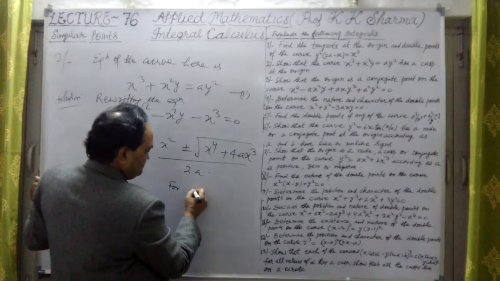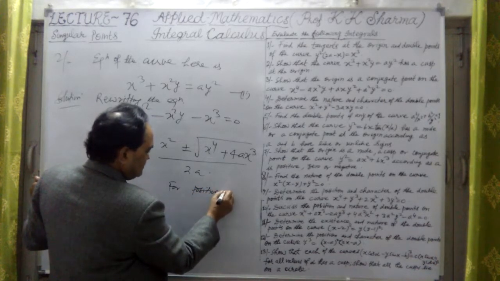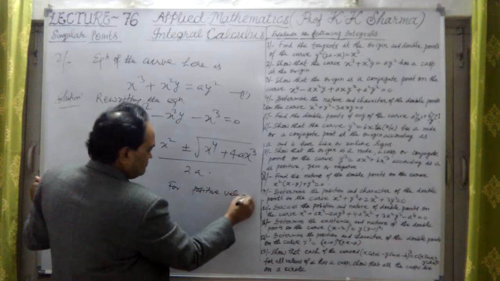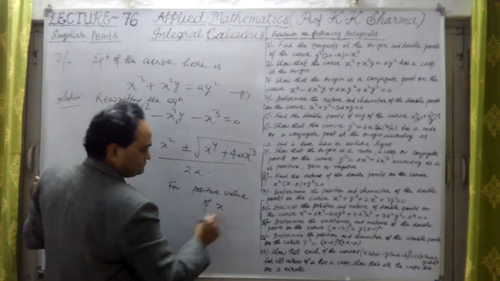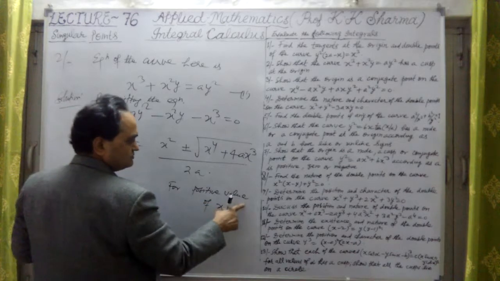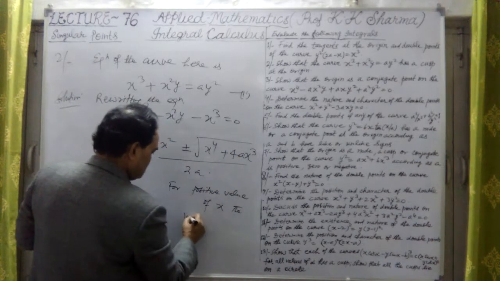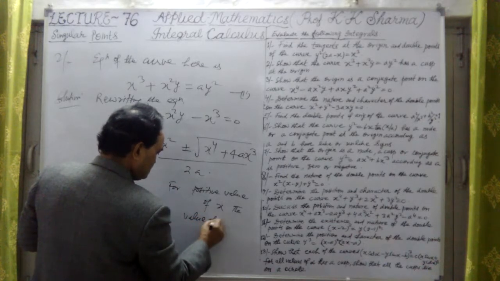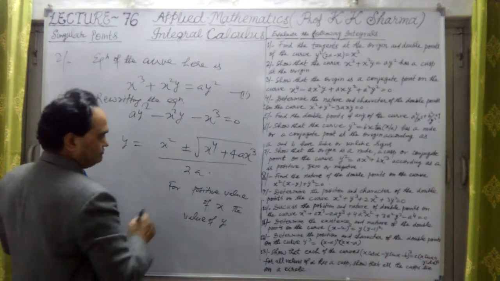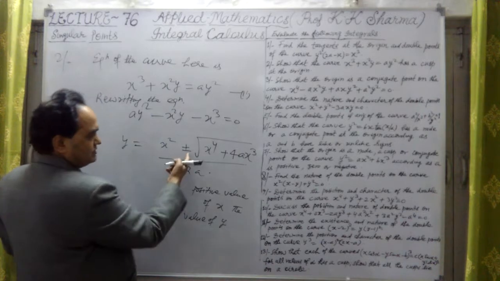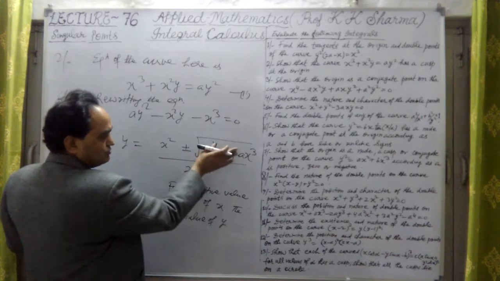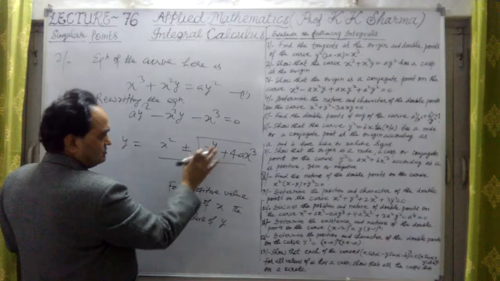For positive values of x, the value of y will be positive and negative, because this curve is positive here, so it is a real value.